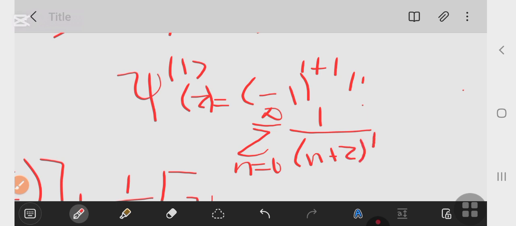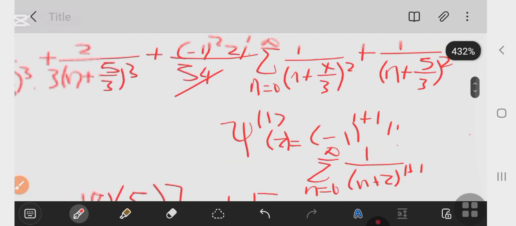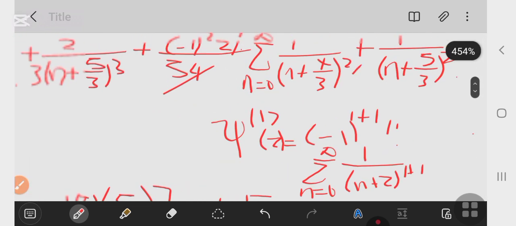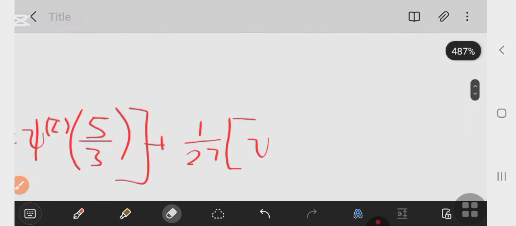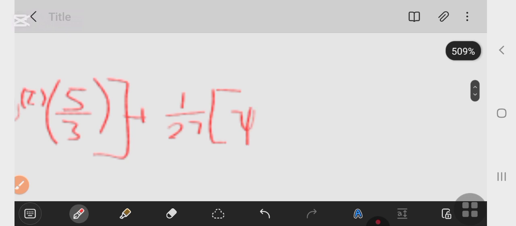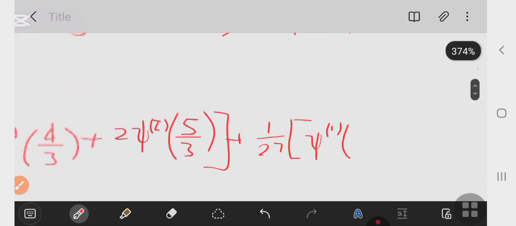If you notice, this is 2, this is 2, so the two sums obey the rule of the digamma function. Digamma is when m is 1, so this is digamma. What is here? 4 over 3.